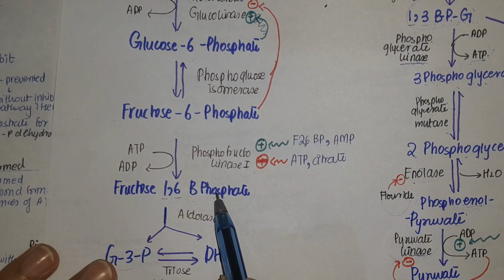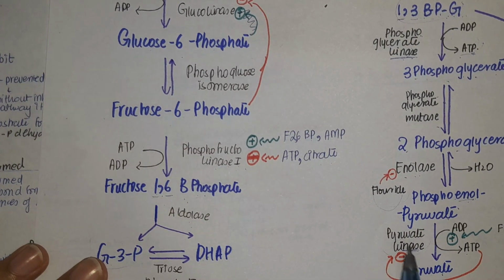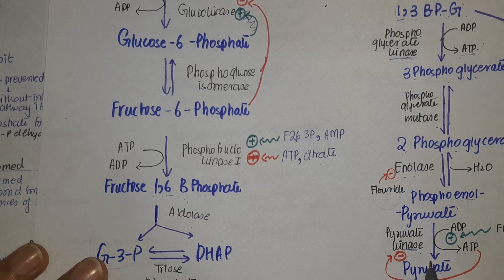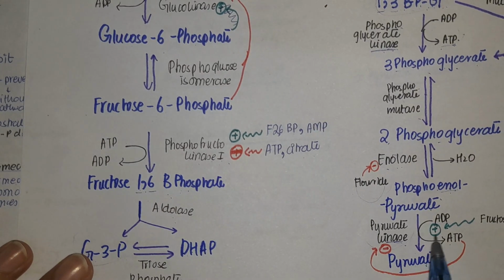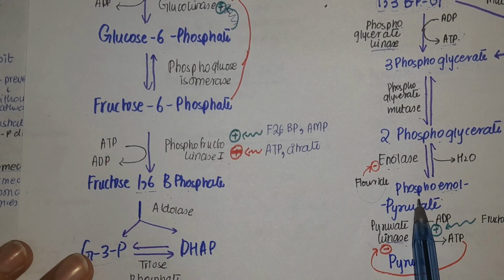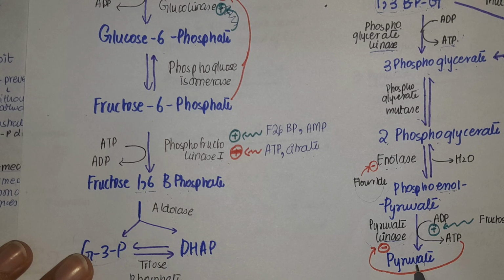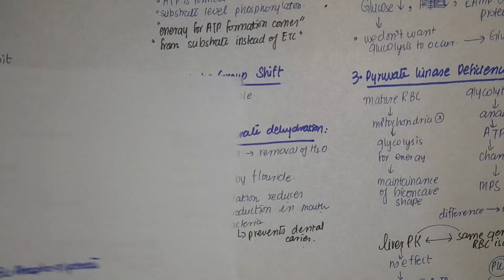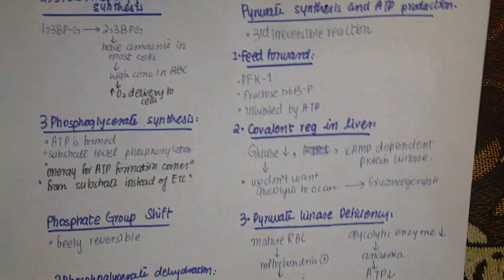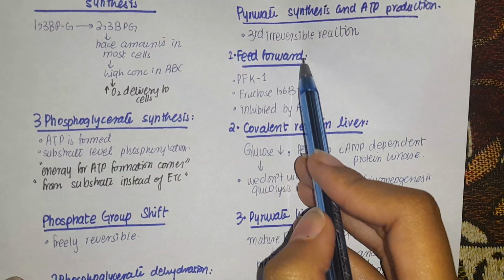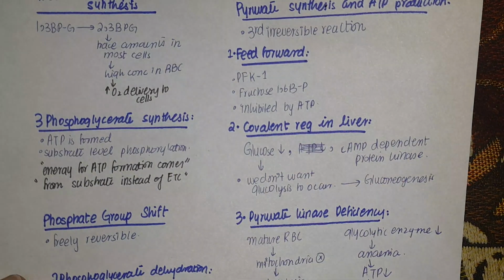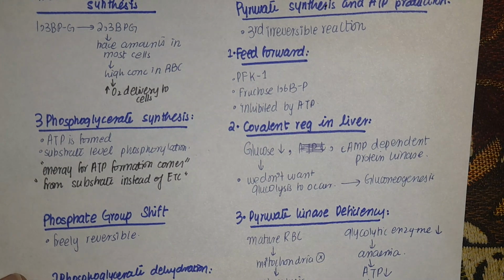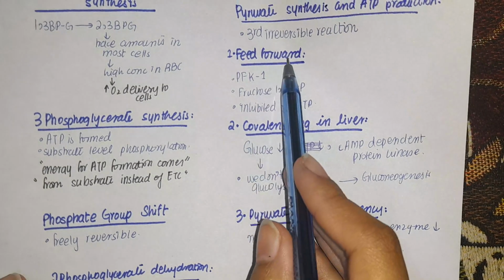Over here, this fructose 1,6-bisphosphate is supporting this phosphoenolpyruvate to pyruvate reaction. It is known as feed forward type of regulation. So in this feed forward regulation, a product that was previously formed in the cycle is causing the cycle to keep on going. So this is what feed forward means.